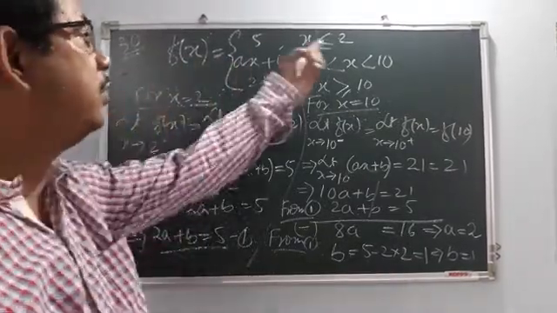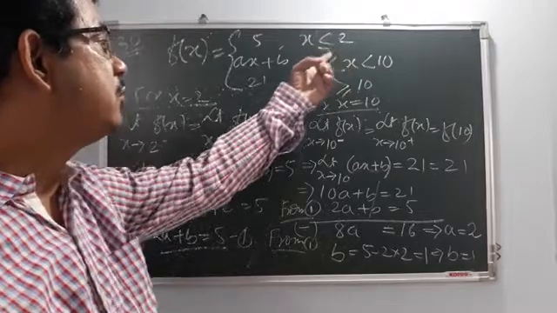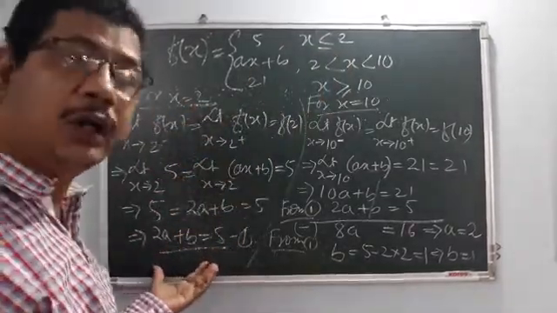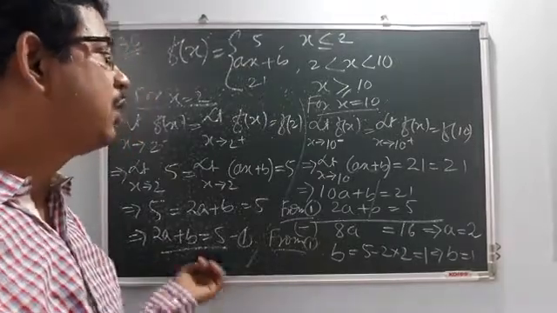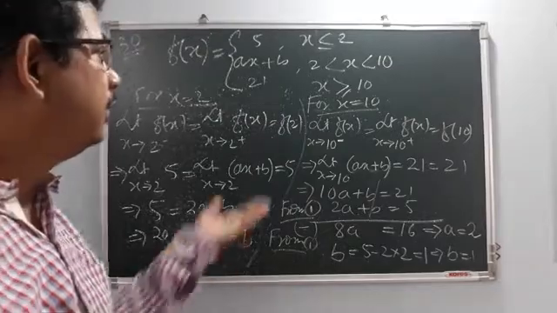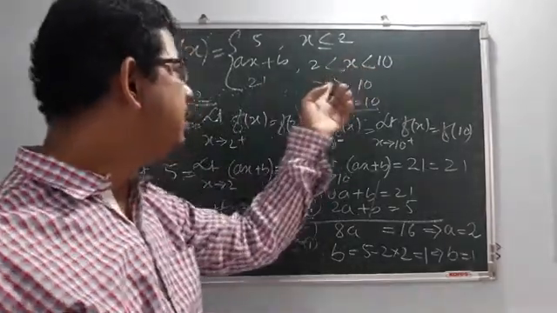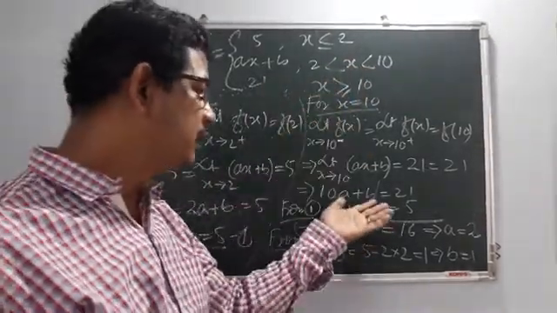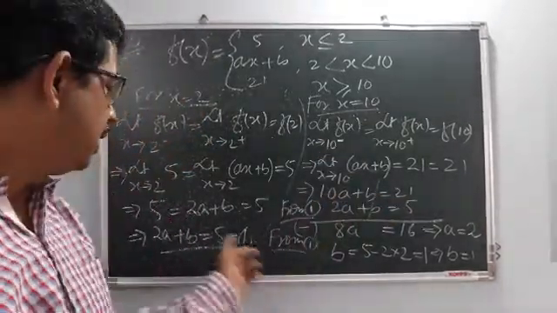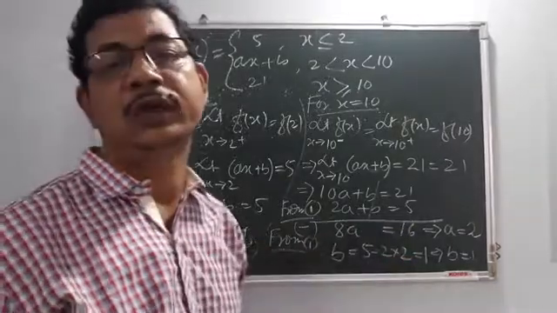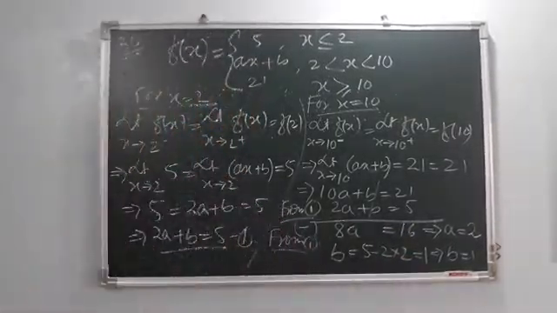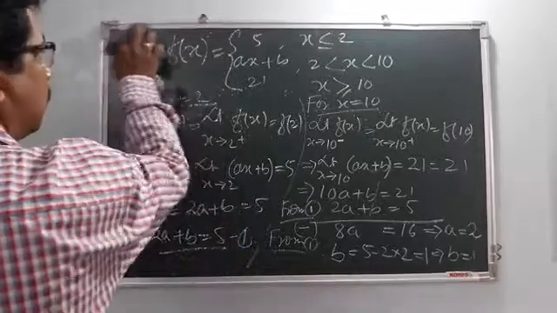We will use that at x equal to 2, LHL is equal to RHL is equal to f(2). This will give one equation between a and b, and at the breaking point 10 also we will get another equation between a and b. Then after solving these two, we will get the values of a and b. So with that we end our question number 30.